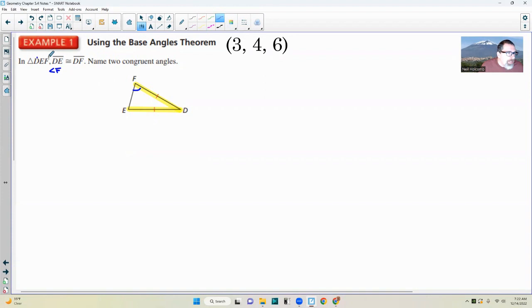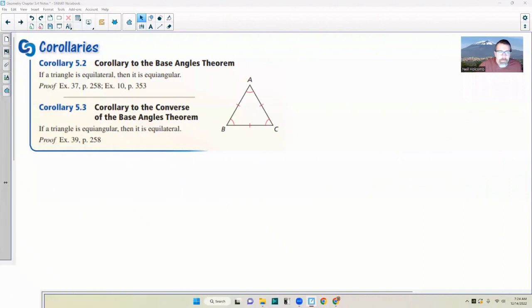So here's D, here's F. The letter we didn't say is E. That has to be the angle opposite DF, which is E. So I'd say angle E is congruent to angle F. And that's it. That's all it asked us to do. So with that example right there, you should be able to do problems 3, 4, and 6.